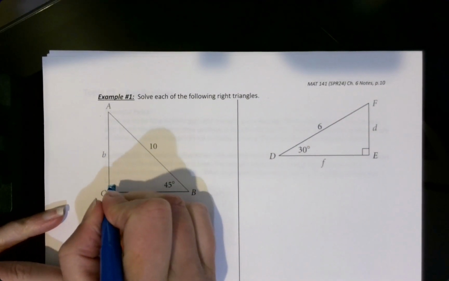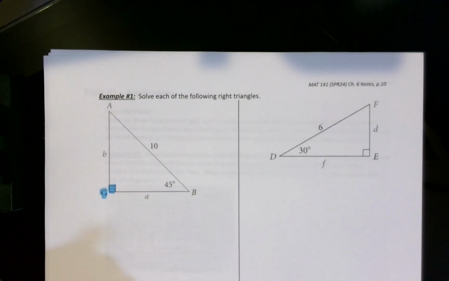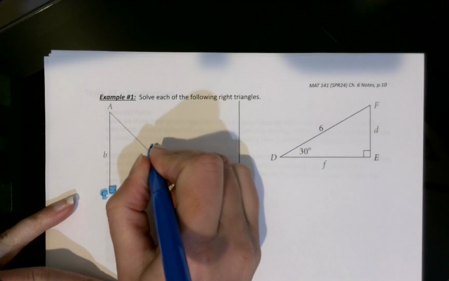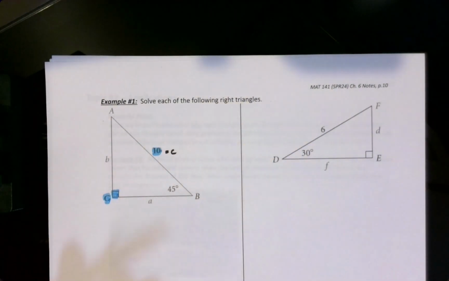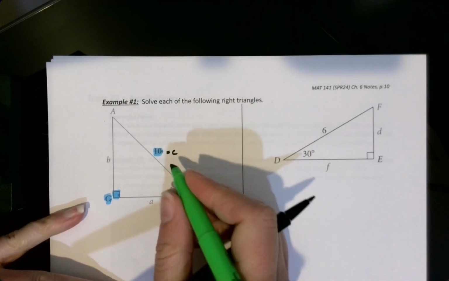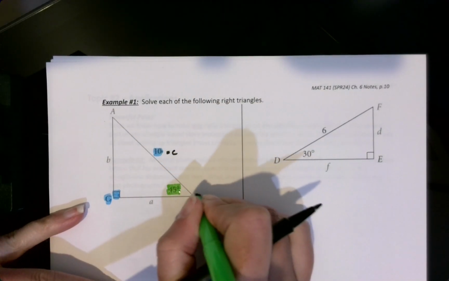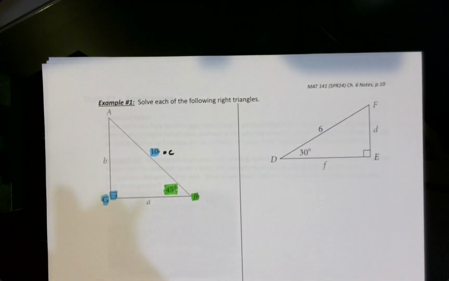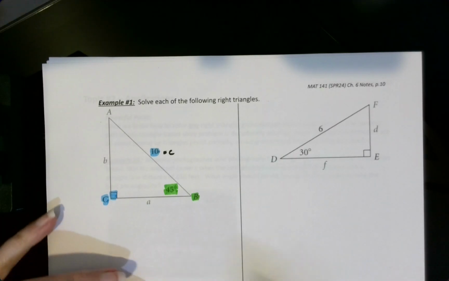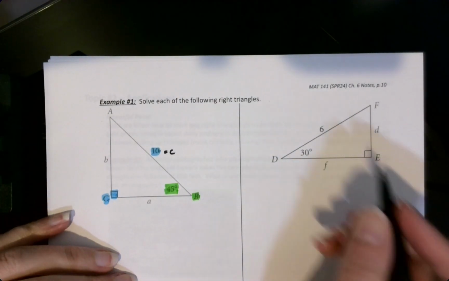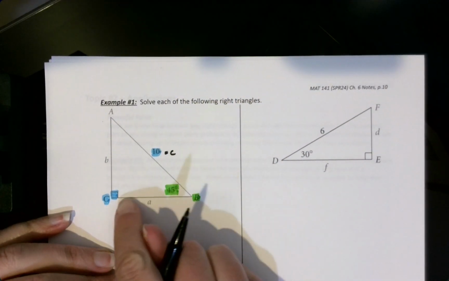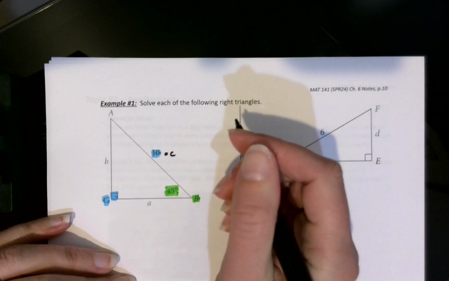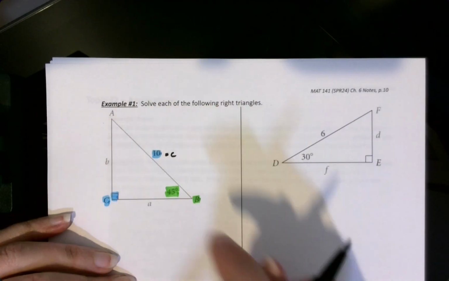I already know angle C, and I already know side little c. And then I also already know angle B. And I'm going to go ahead and find angle A. So angle A is going to be 90 minus 45, since I know that 45 plus angle A would be equal to 90.